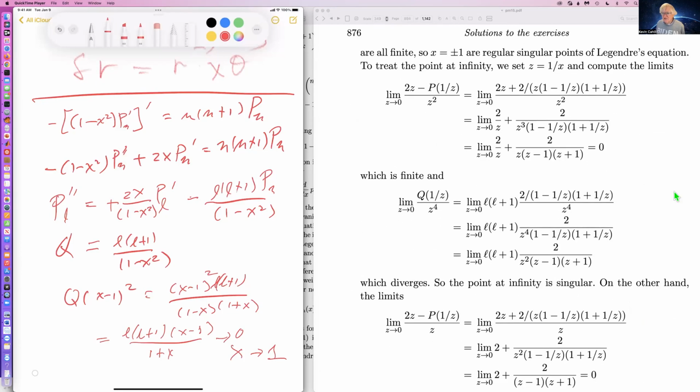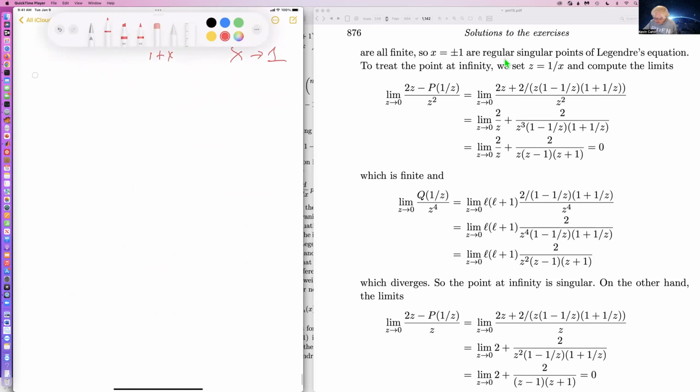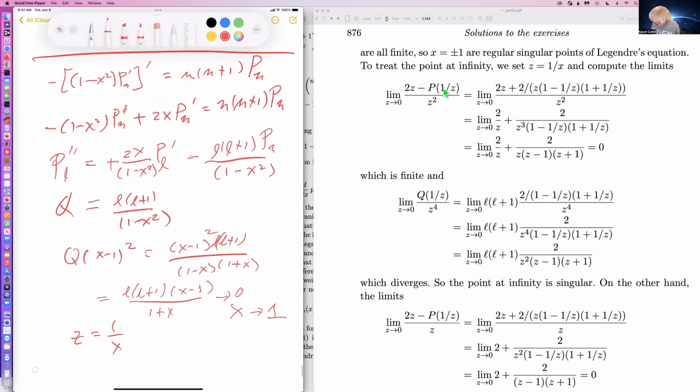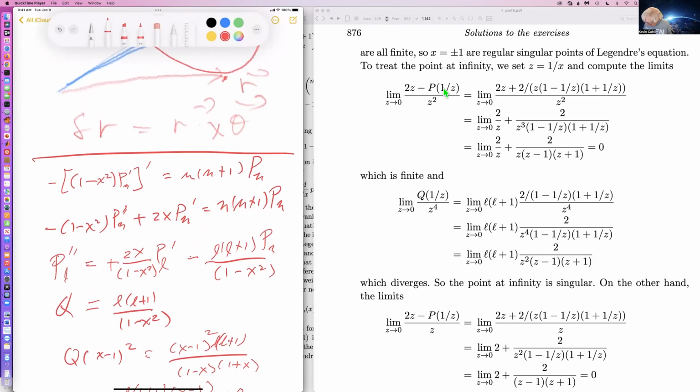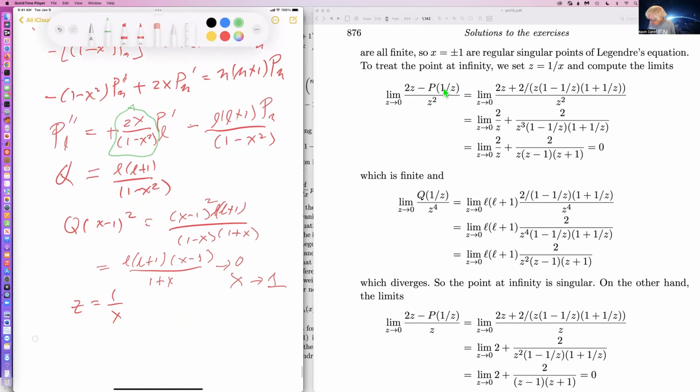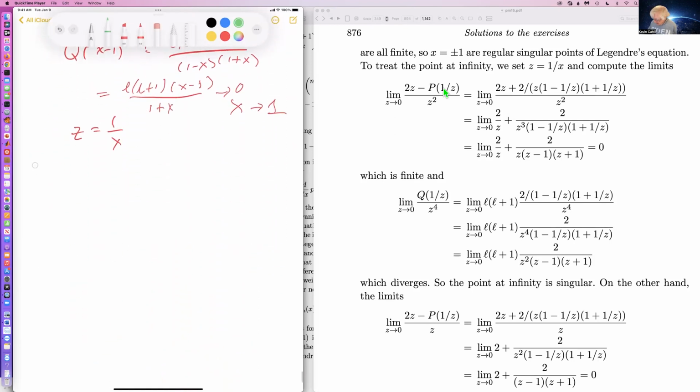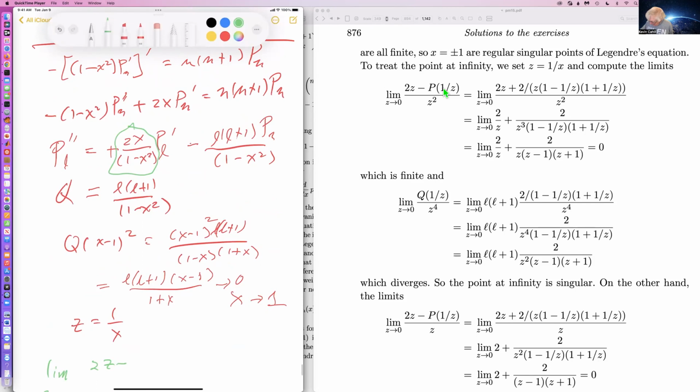To do the point at infinity, what you do is you set z equal to 1 over x, and then you compute these structures here where, once again, P is essentially this. And so what you do then is you take the limit z going to 0 of 2z minus, and now this thing at x equal to 1 over z.